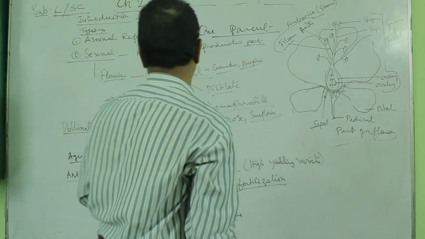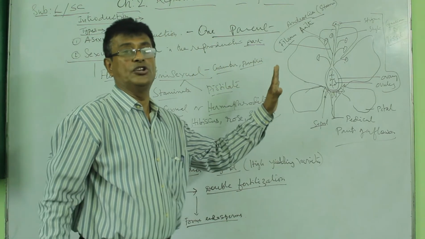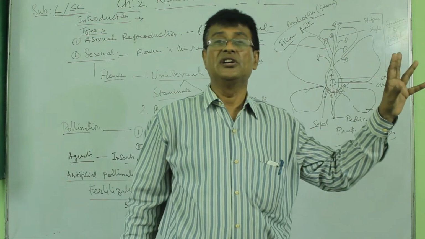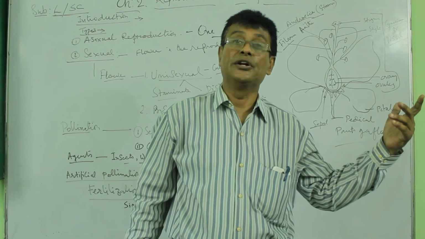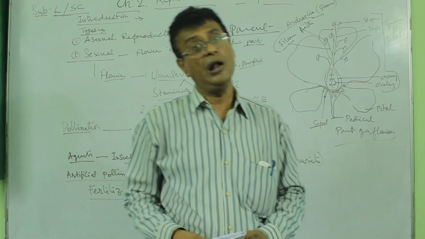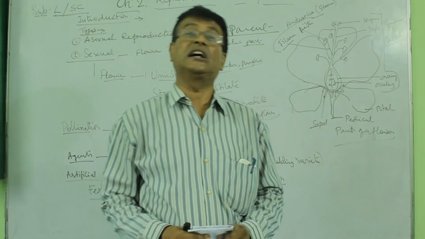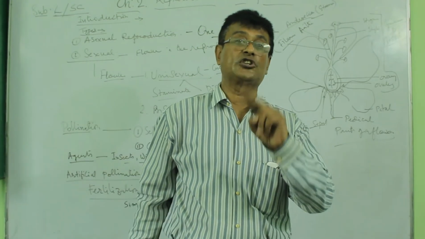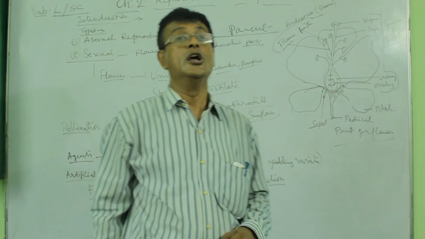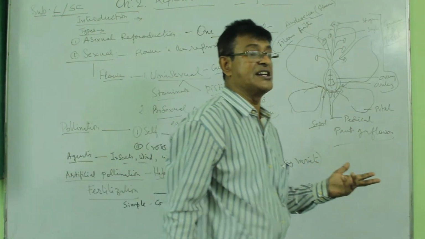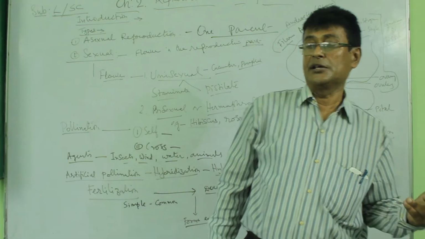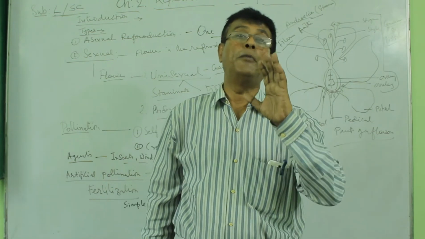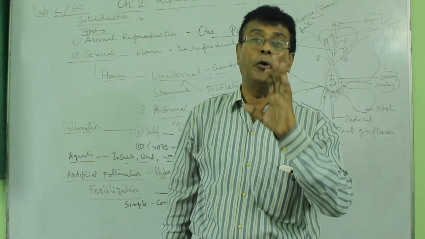Now, as the flower matures, the pollen grains are to be taken to another flower, or to another flower on the same plant. There are two processes of transfer of pollen grains. What is the transfer of pollen grains called? It is known as pollination.